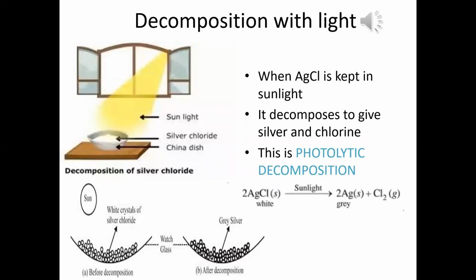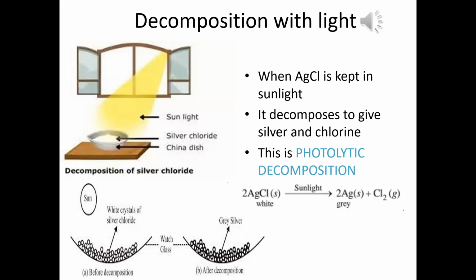Decomposition using sunlight: you keep silver chloride outside in the sun. Then we see it decomposes and turns grayish. Again, these colors are very important. They may give you a 1 mark question. What is the change in color? Why do you call it a chemical reaction? You have to support your answers with all these points, that a new substance is formed.